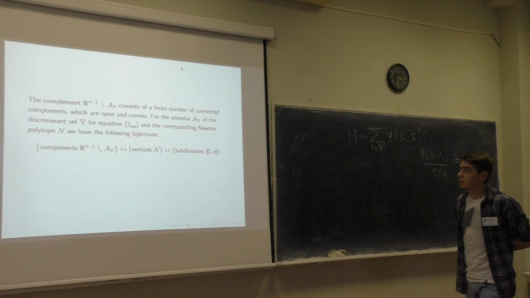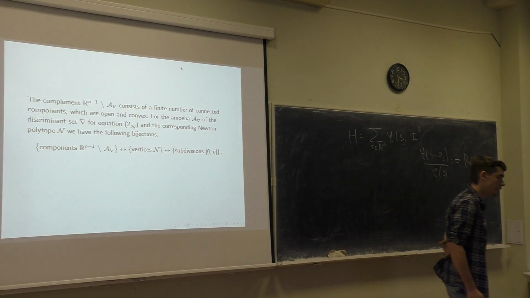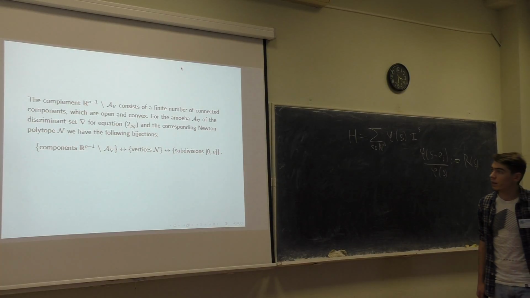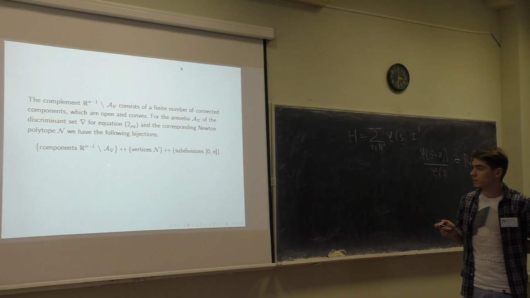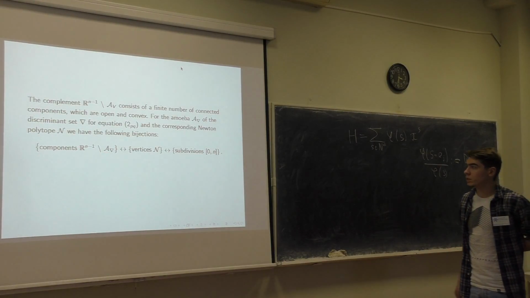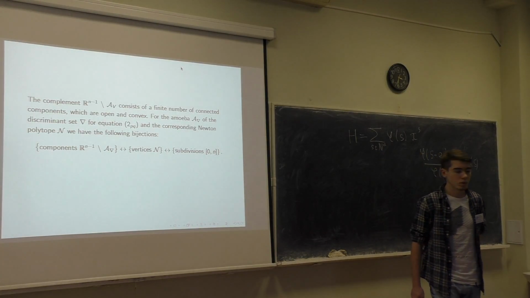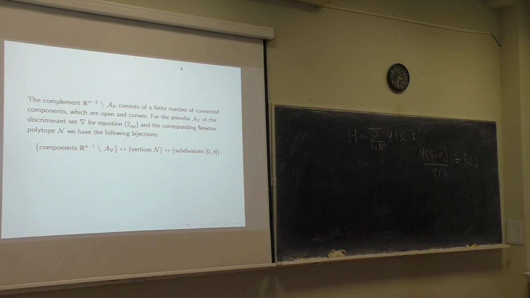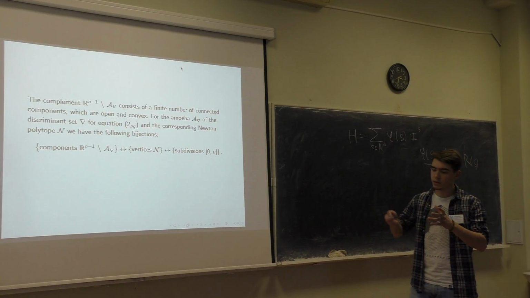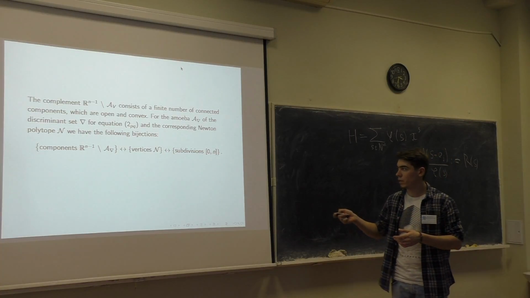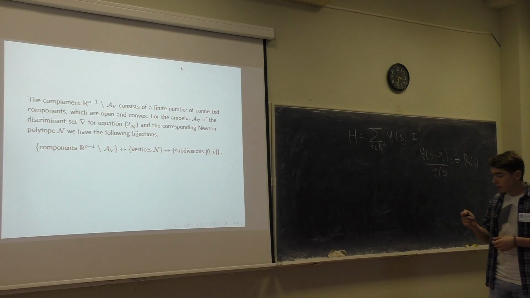And for the amoeba of the discriminant set and the corresponding Newton polytope, there is the following correspondence between components of the amoeba, vertices of the Newton polytope, and subdivisions of the segment O N. By subdivisions of segments, we mean the divisions by integer points from this segment.